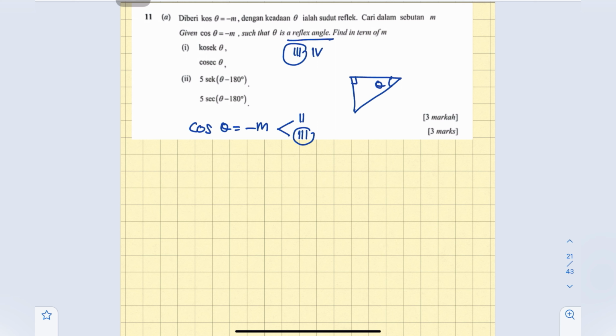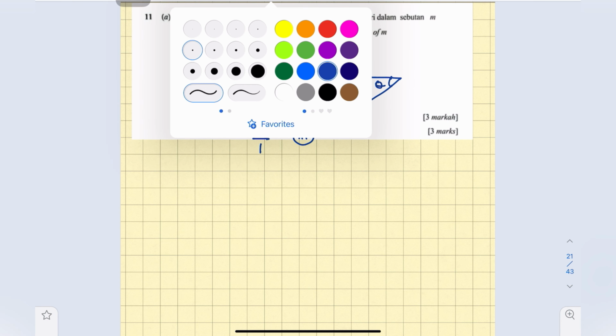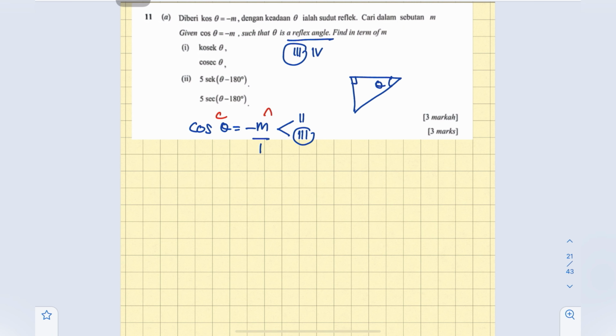Cos θ is negative m, which is actually m over 1. So cos is CAH: the adjacent is m, the hypotenuse is 1, and the opposite we can find using Pythagoras' theorem: the square root of 1 squared minus m squared, which is √(1 − m²).